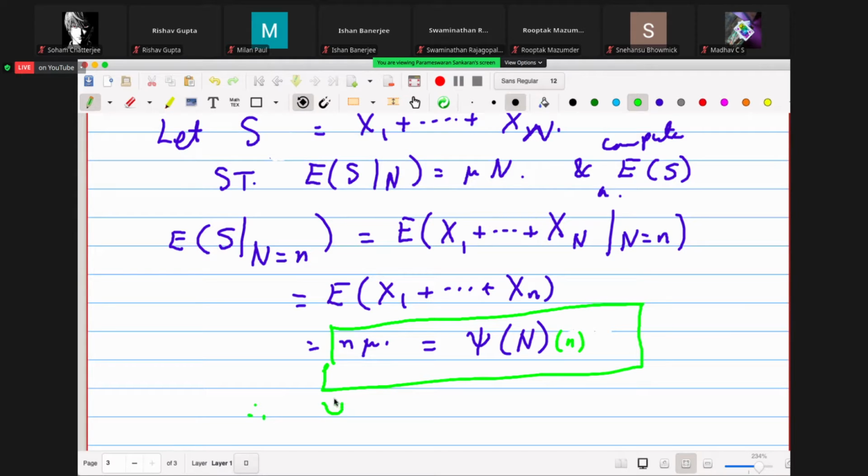Therefore, psi of N is equal to n times mu, or mu times N rather. Mu is a number, N is a random variable.